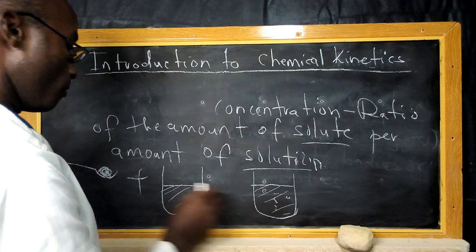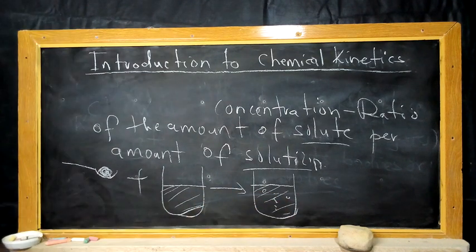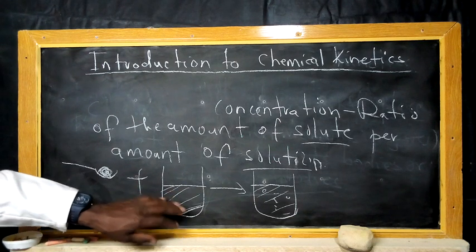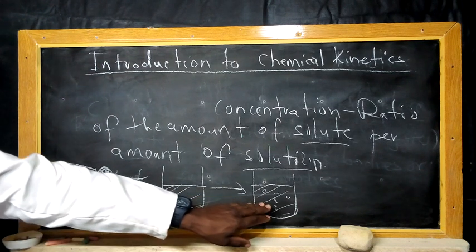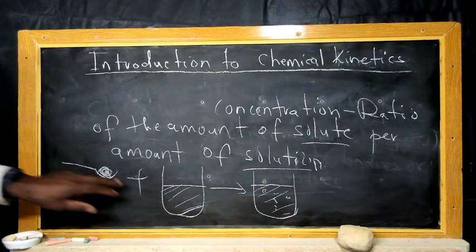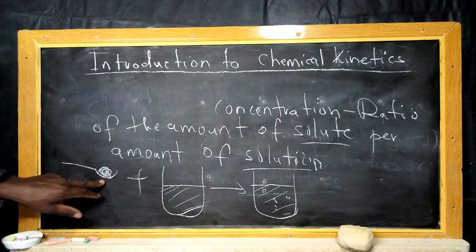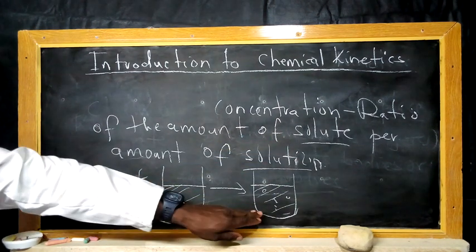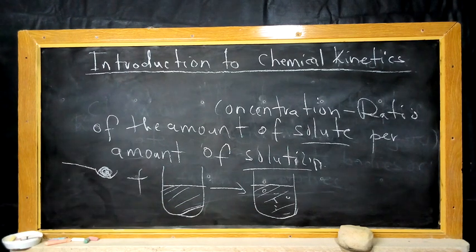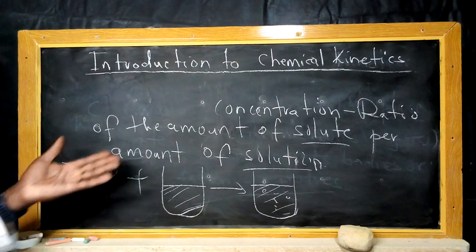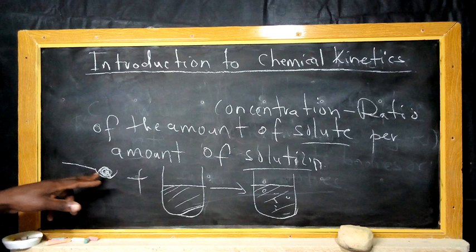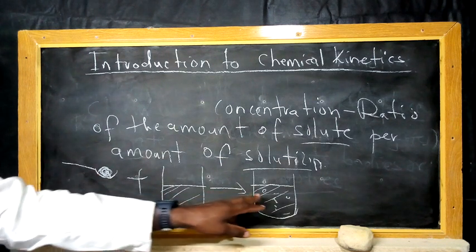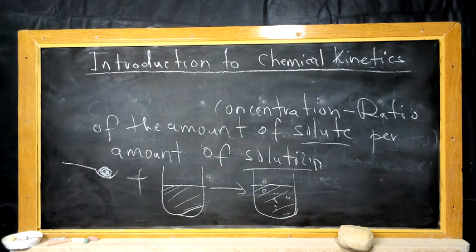So if I dissolve this salt inside this liquid, then I will come up with what we call a solution. This salt will be referred to as a solute, and then this final product is referred to as a solution. So in actual sense, when we talk about the concentration, it's the amount of this in this particular product that we are talking about.